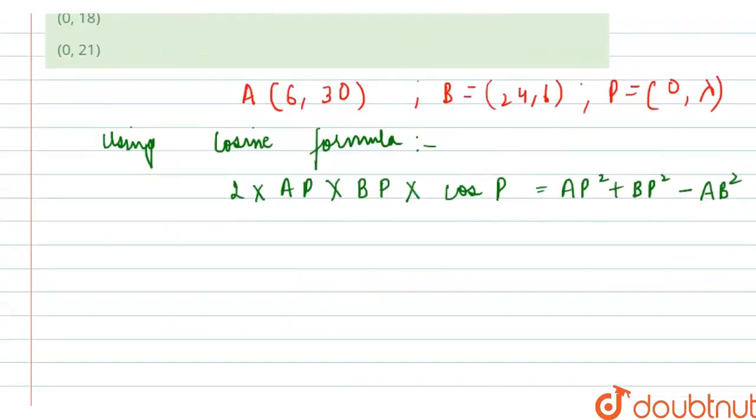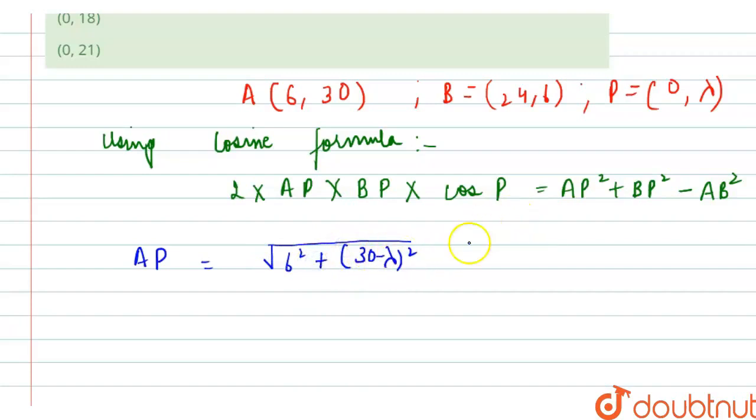Now let's proceed forward. For that I have to find AP and BP. For AP, I'll be using the distance formula. So AP would be equal to under the root of (6 minus 0) whole square, that is 6 square, plus (30 minus lambda) whole square.